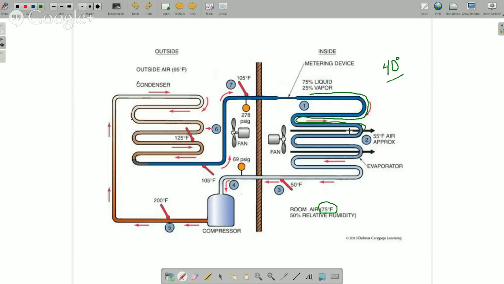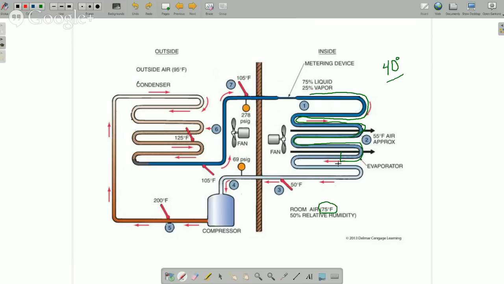When it hits a certain point in the coil, we have now changed state completely to vapor. So we are now at this point, and it's designed by the manufacturer to have a little bit of evaporator to start to pick up some superheat.